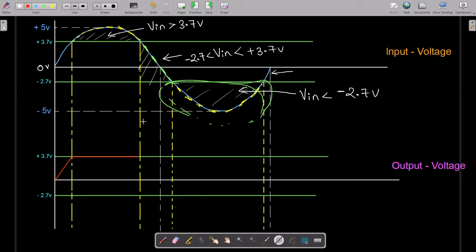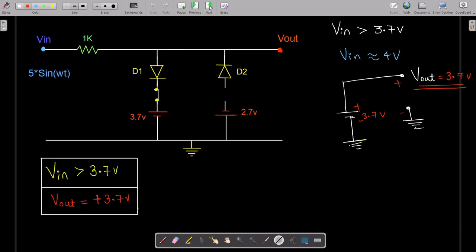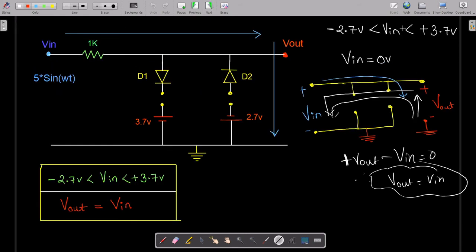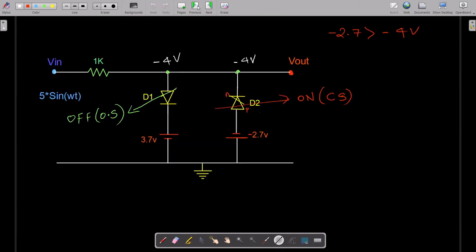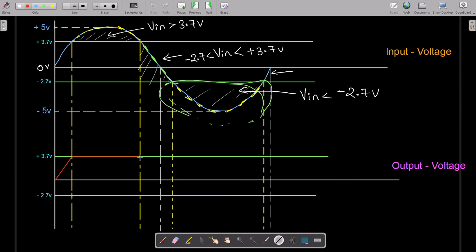And now again, V in is in between plus 3.7 volts and minus 2.7 volts. For this, our V out is equal to V in, so we'll draw the waveform as it is. Something like this.